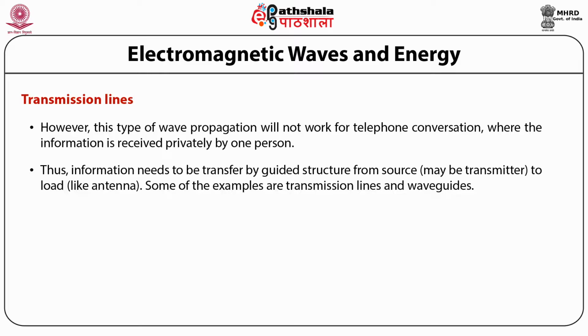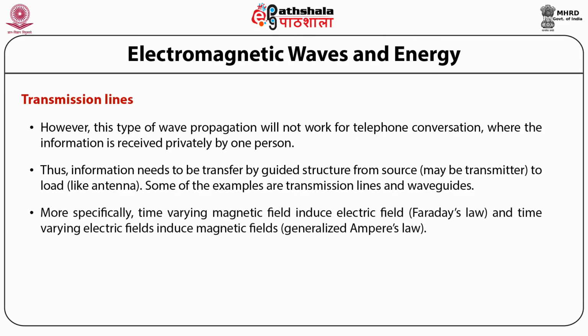Interchange of electric and magnetic energy gives rise to the propagation of electromagnetic waves in space. More specifically, a time-varying magnetic field induces an electric field, that is Faraday's law, and a time-varying electric field induces a magnetic field, generalized Ampere's law.